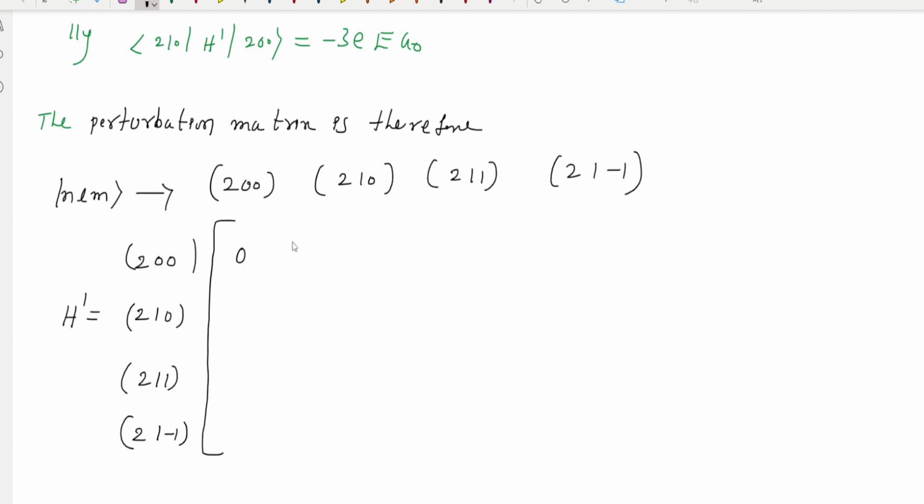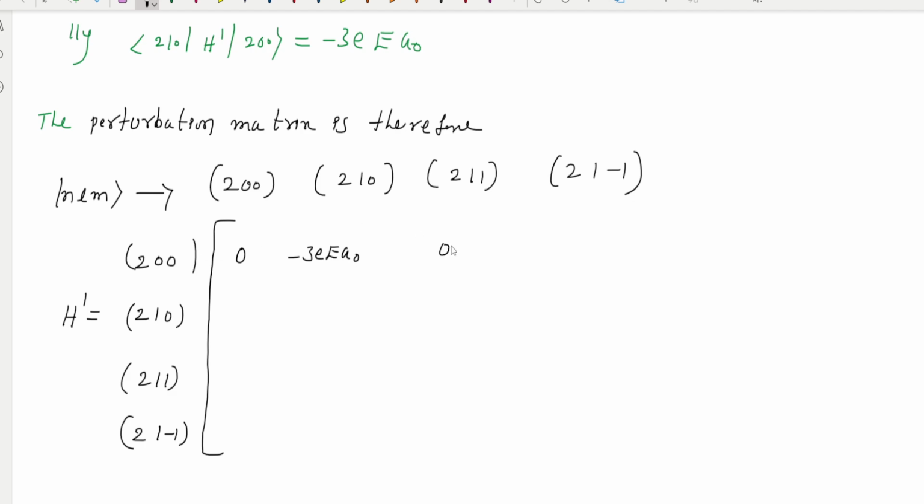These two terms are 0, right? And 200, 210, you got the answer, right? Minus 3 E A naught.